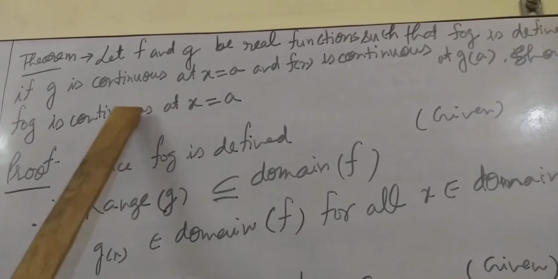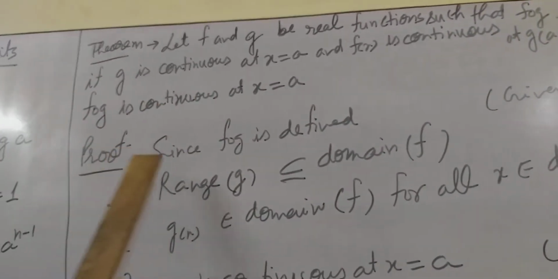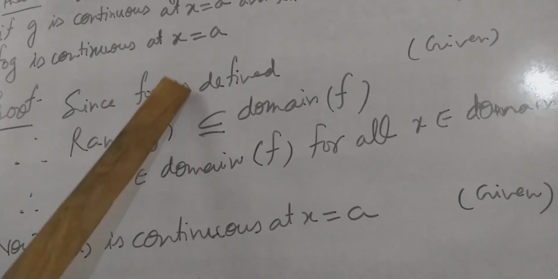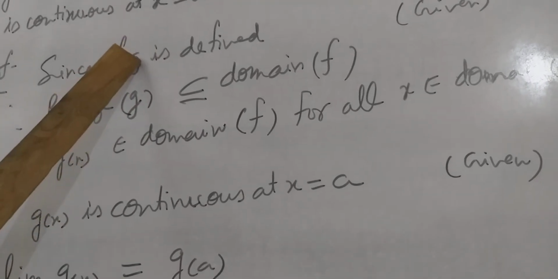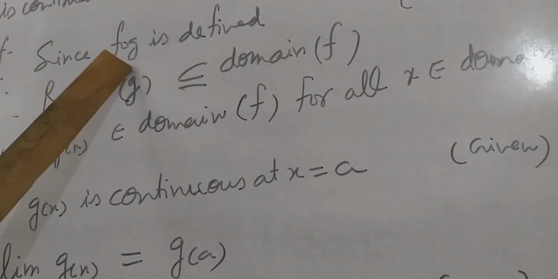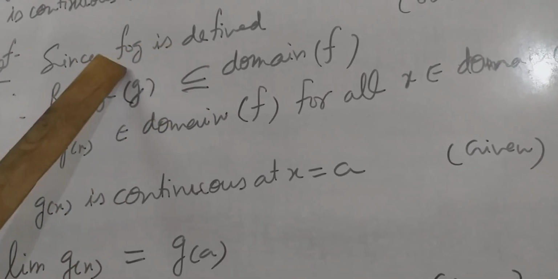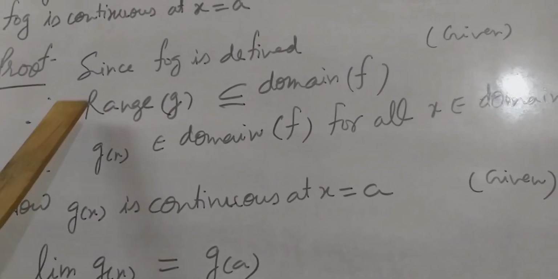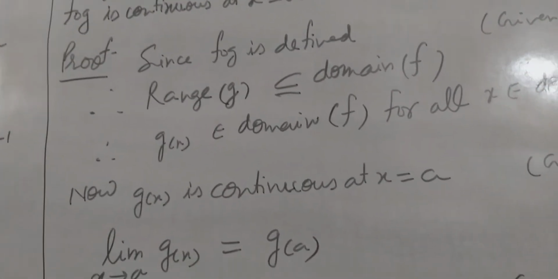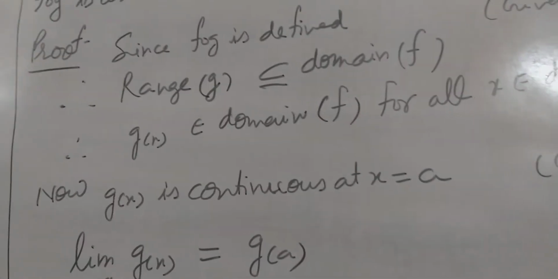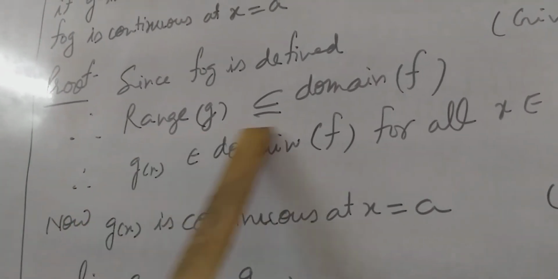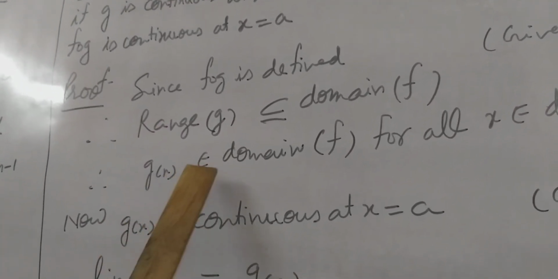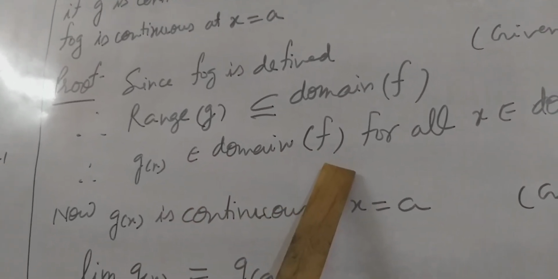So, students, fog is defined. Then when fog is defined, the range of g should be a subset of or equal to the domain of f. I told you about fog and gof in chapter number 1. Okay, students. g(x) belongs to the domain of f.